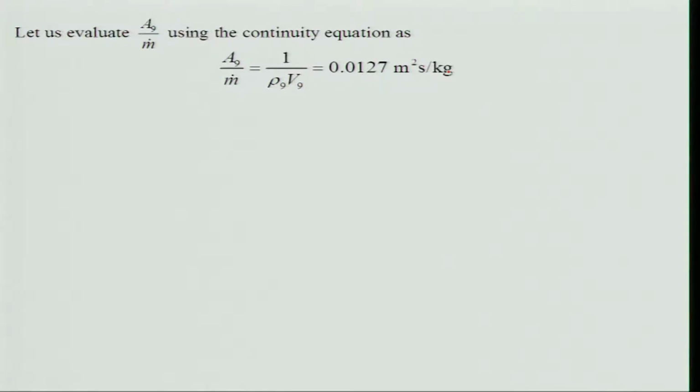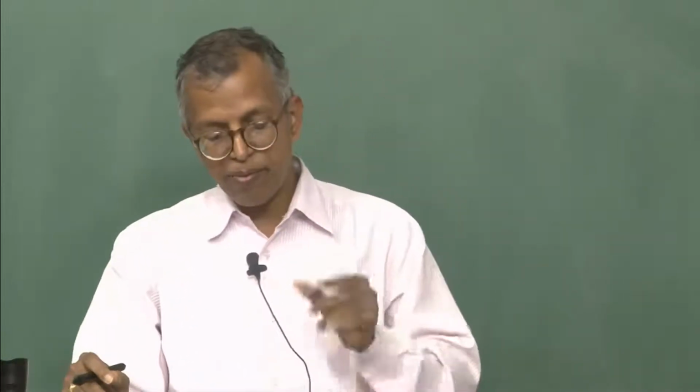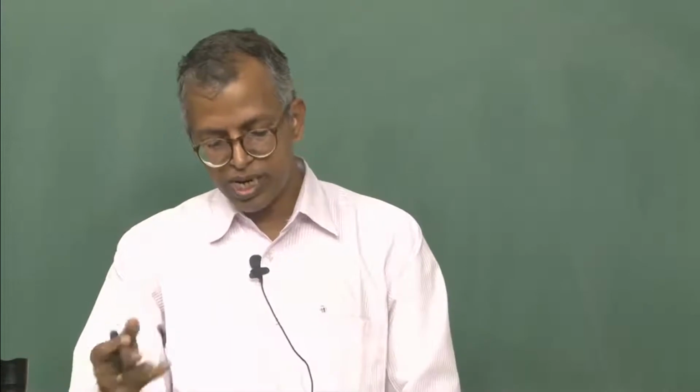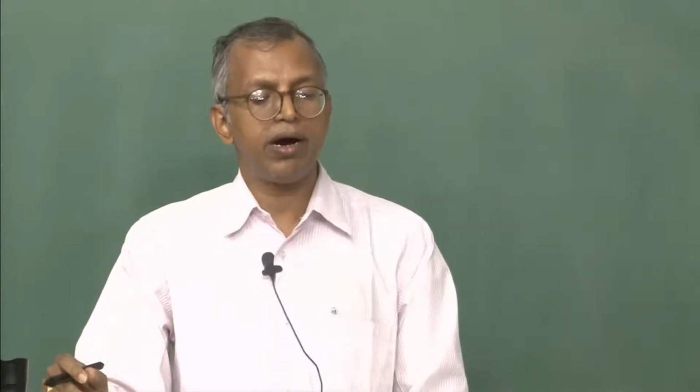So, even though you do not know m9, A9 and m naught individually, you can get this because you can evaluate V9 and rho 9. We did not discuss that when we discussed the real cycle analysis, particularly when carrying out parametric studies. But while solving problems you need to understand this comes simply from the mass conservation equation.